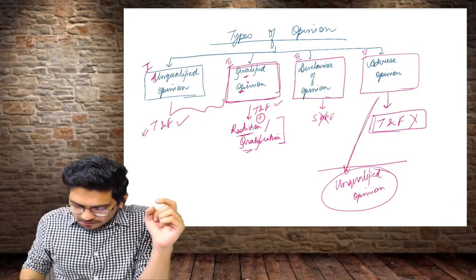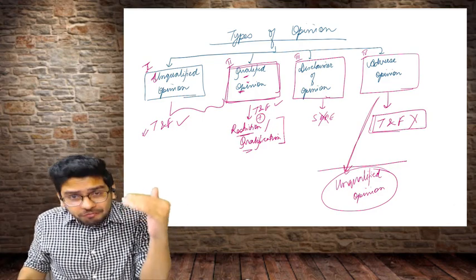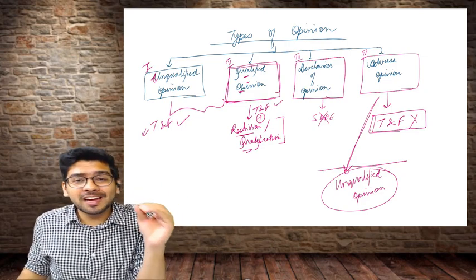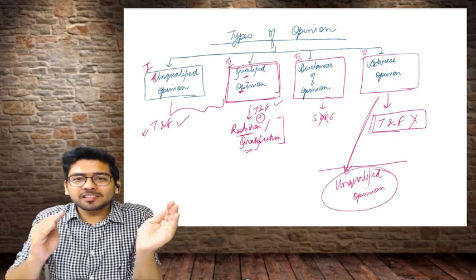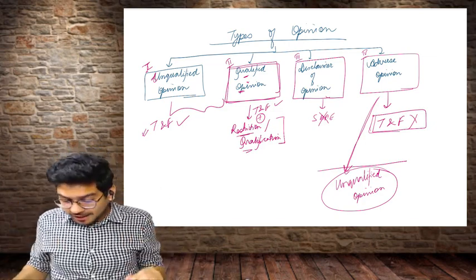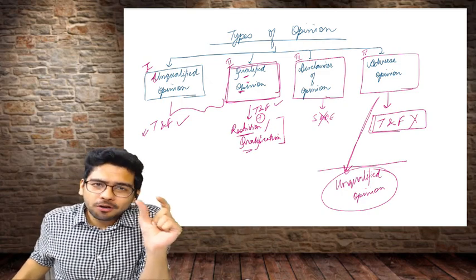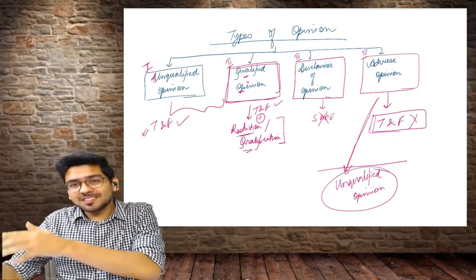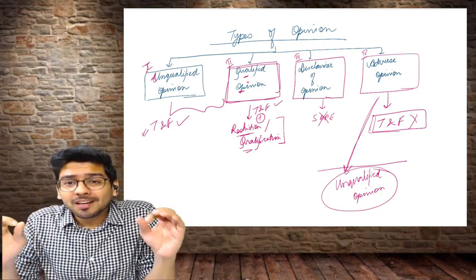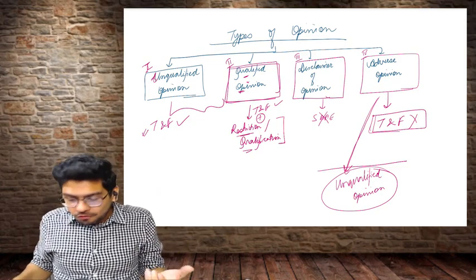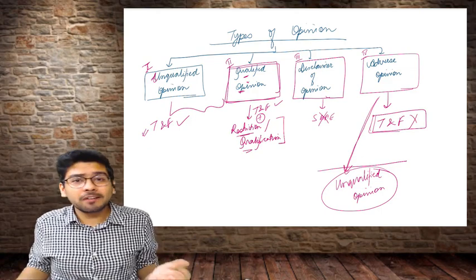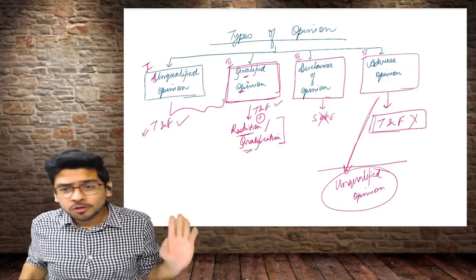The auditor will be able to save himself if he is able to prove that he conducted the audit as per the standards on auditing, and he acted diligently. He exercised all the skills while applying the audit procedures. If he is able to prove that he did all the auditing as per standards on auditing, but yet he has come up with a wrong opinion, he might be able to save himself. But if he is not able to prove that he did his auditing in a well-structured manner as per the standards on auditing, and he has given a wrong opinion, the auditor will also go into jail.